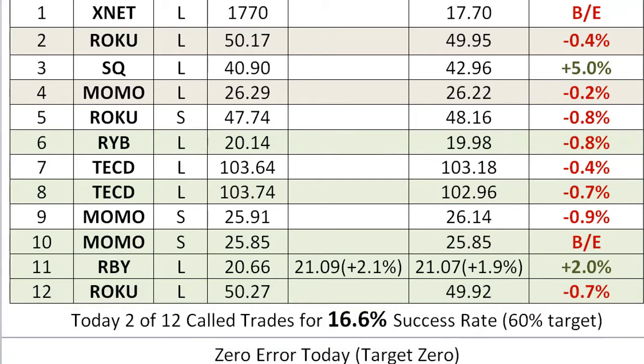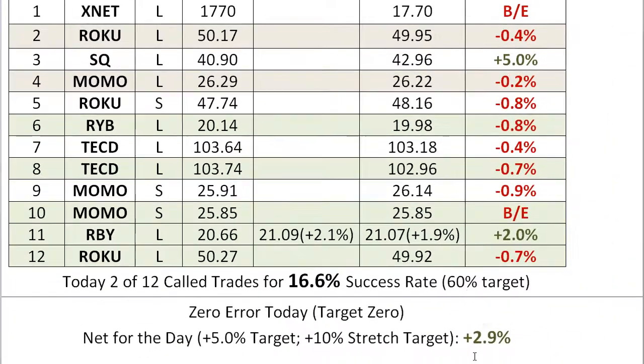Our target is 60%. However, because I was able to cut my losers short and let my winners run, I only had 2 income trades today, one for 5%, one for 2%. Net for the day was 2.9%. Didn't make our 5% total, but who doggies, you can trade that many times and only have 2 income trades and still come out on top. That's a good day.